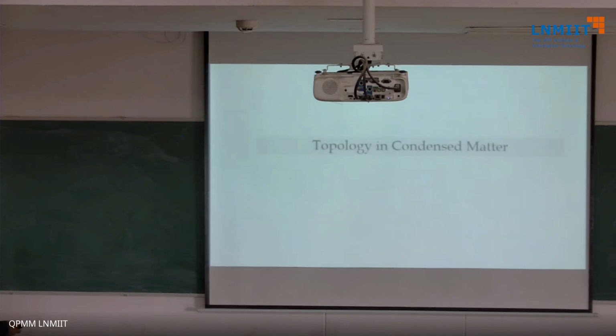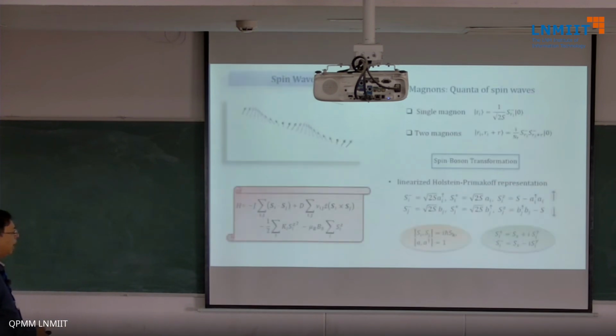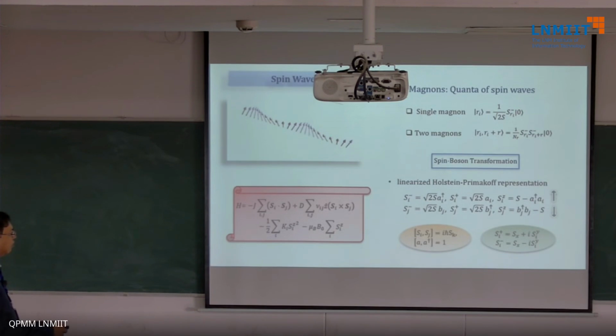You're saying you always have terms like two spin halves looks like a boson. Is that what you're saying? You have to look at this kind of transformation. It's not two spin halves, but a spin lowering or a spin raising is looked upon as either creating or annihilating, so spin lowering is like creating a boson and spin raising is like annihilating a boson, and the Z component looks like this a dagger a, which is like a number operator for the bosons.